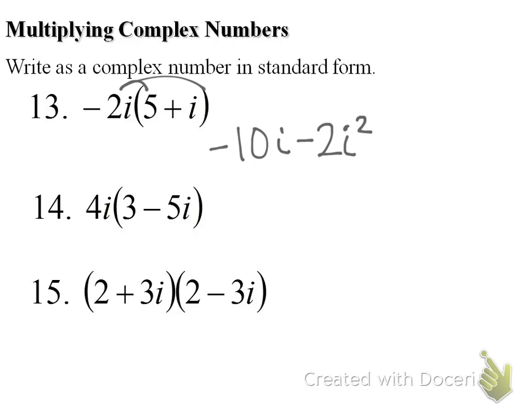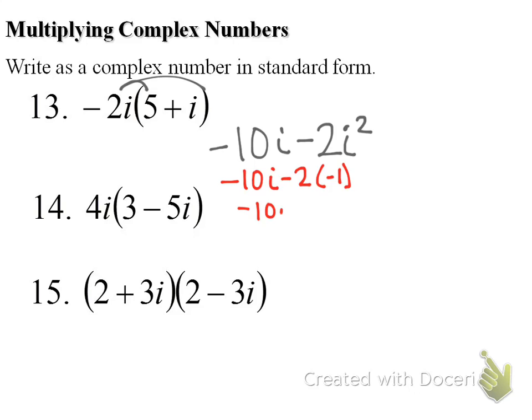I'm going to give everyone a second to catch up with this. Now, we know the value for I squared. It's written on the board. I squared is just negative 1. So you need to rewrite this thinking of the I squared as a negative 1. That's going to make that a positive 2.